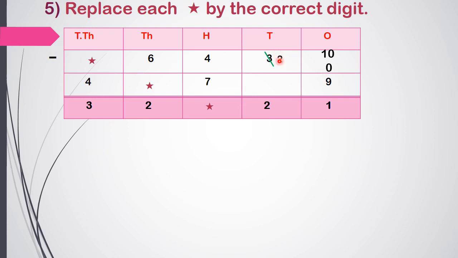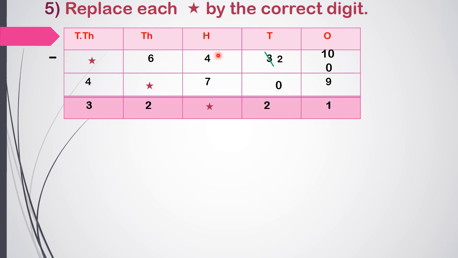So 3 becomes 2, because we had borrowed from 3. Now look here. The answer is 2 and the number is also 2. Then what will come here? Yes, 0. When we subtract 0 from 2, we get the same number, 2.